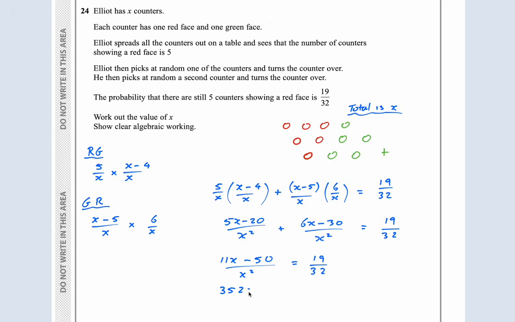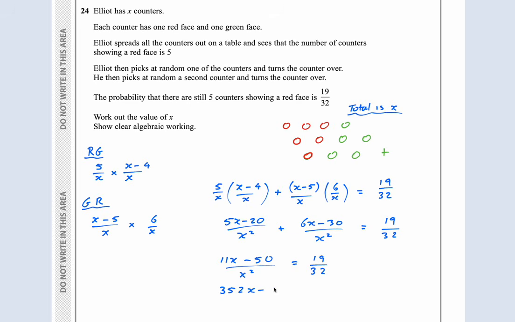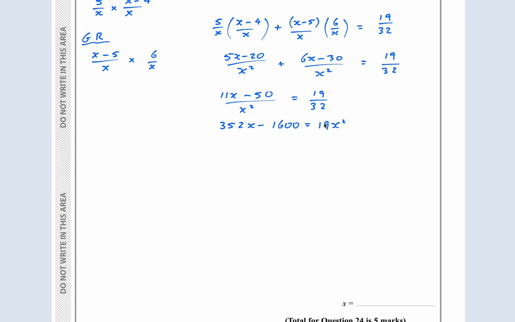32 times 50 is 1600, minus 1600 equals 19x squared. Okay, this is obviously a pretty horrible quadratic.